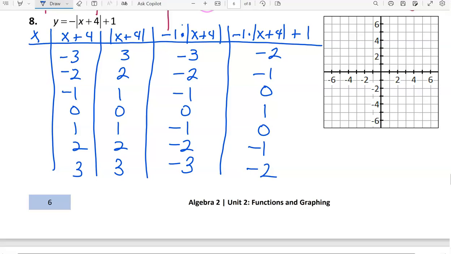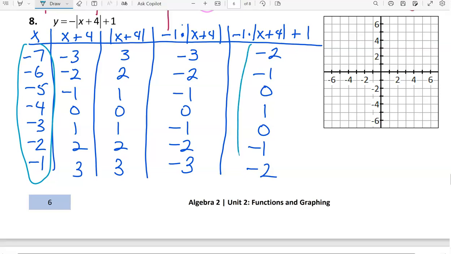Lastly, to get our first column for the x's, we're going to take the x plus 4's and subtract 4. So if x plus 4 equals -3, then subtract 4 from both sides. X is -7, -6, -5, -4, -3, -2, -1.